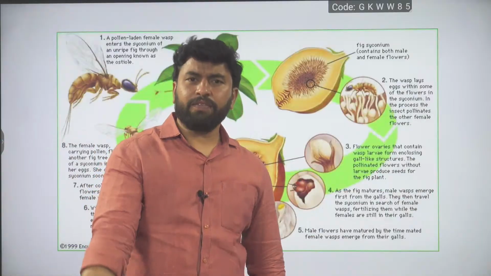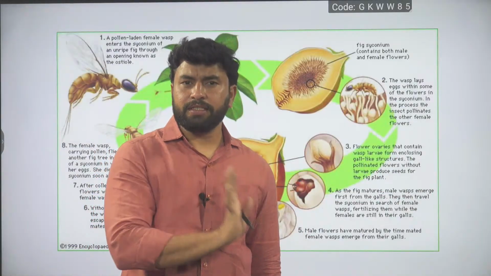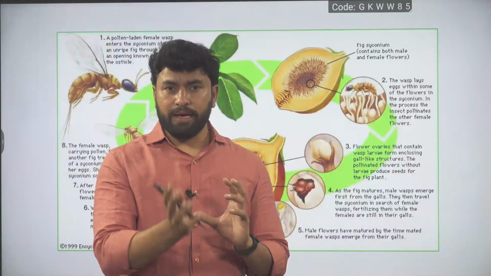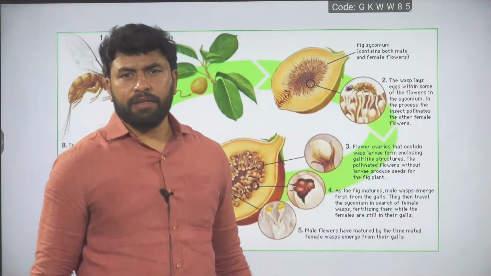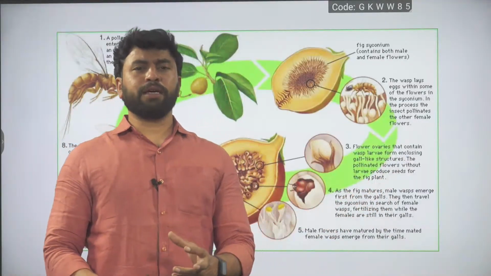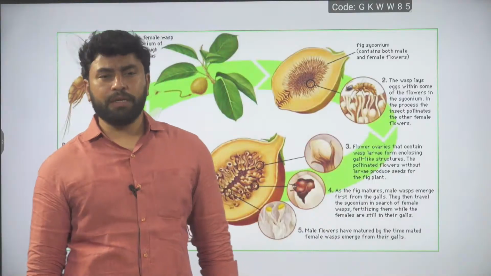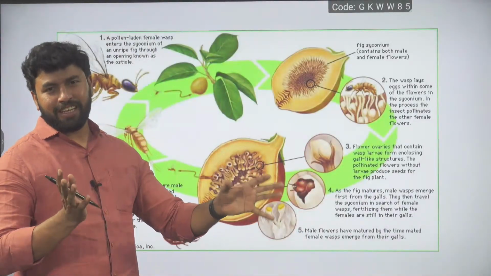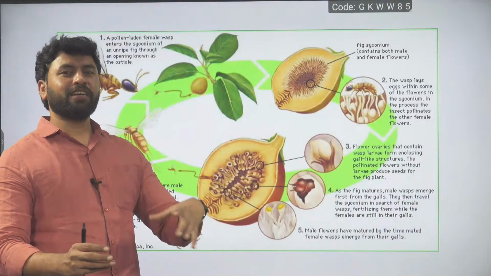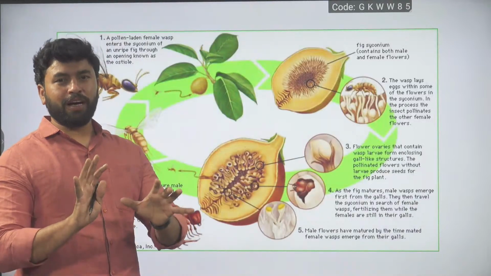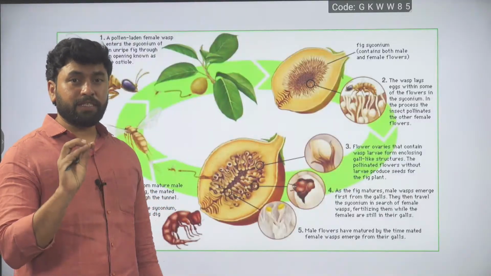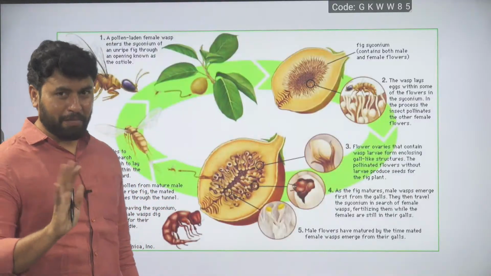Only for the sake of reproduction will they come inside the fruit, and the wasp life cycle is interconnected with the fruit, but the wasp life cycle is not completely completed in this one. You know what answers they have given and what answer you have given. Both will already be justified, but I am saying this is a variety of special type of inflorescence. That much I will touch on now.